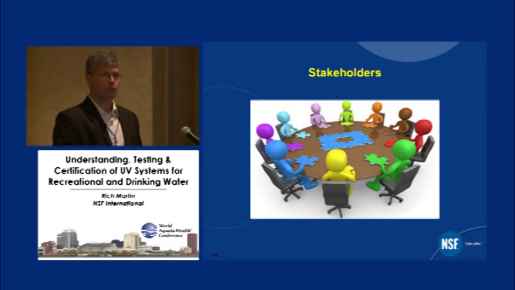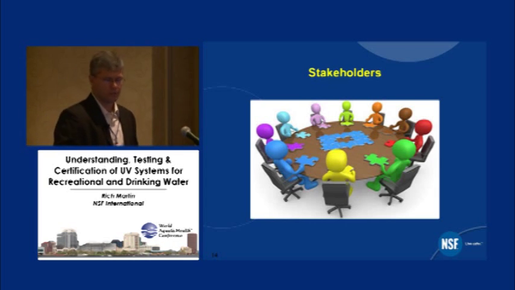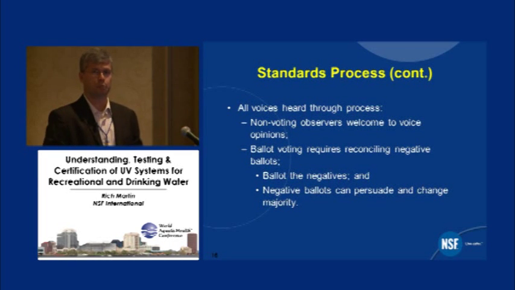And then what you try to do is, through this standards process, you get a level of agreement on some criteria. So in this case, through the NSF standards process, we have this equal voting membership for the three main stakeholder groups, and you have to have at least 50% of those people vote and get at least 2/3 affirmative on a vote. But there's also the ability for people to vote negative, of course, and to have a point that would be adjudicated to essentially reconcile the negatives.